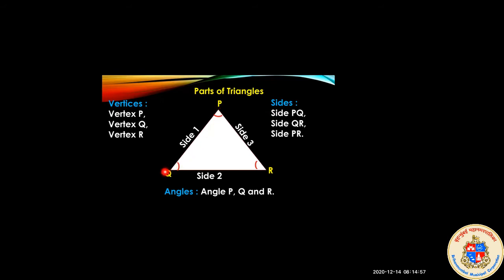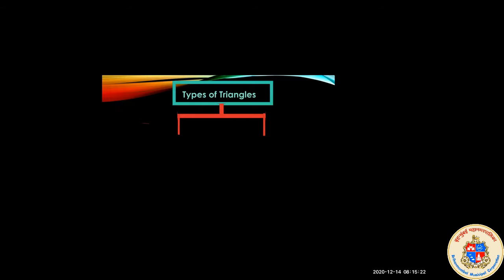Vertex P, vertex Q, and vertex R. And there are 3 sides, side PQ, side QR, and side PR. And the angles are angle P, angle Q, and angle R. So we'll see the example related to this afterwards.